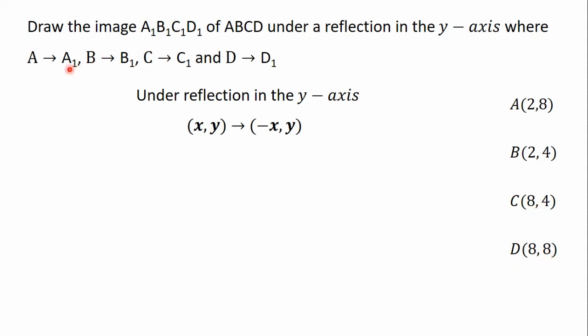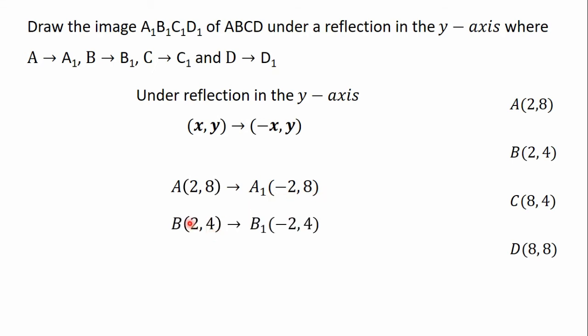So we can easily find A1, B1, C1, D1. When we reflect the point A in the y-axis, the rule of the transformation says that (x, y) will give us (-x, y). So when we reflect the point A with coordinates 2, 8 in the y-axis, A1, which is the image of A, will give us -2, 8. So we negate the x coordinate.